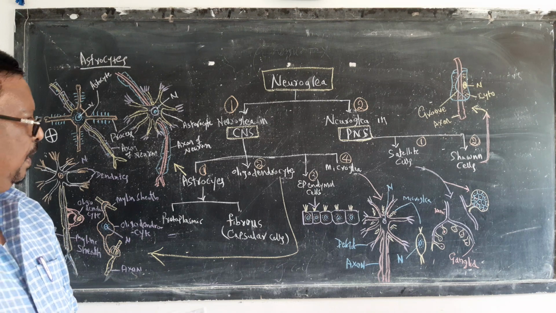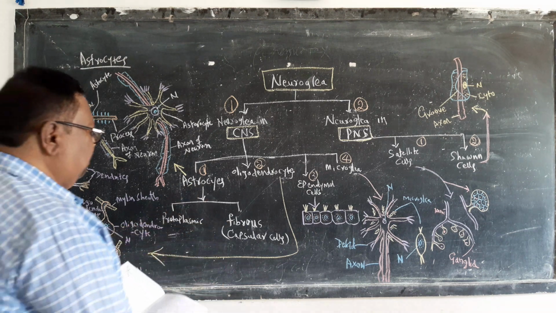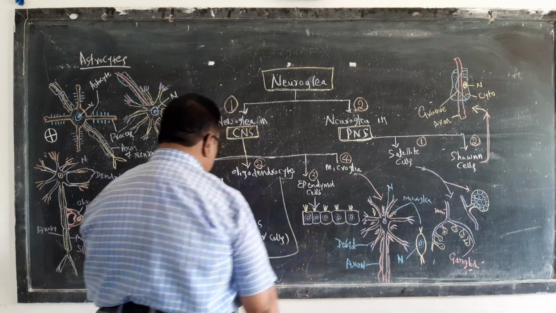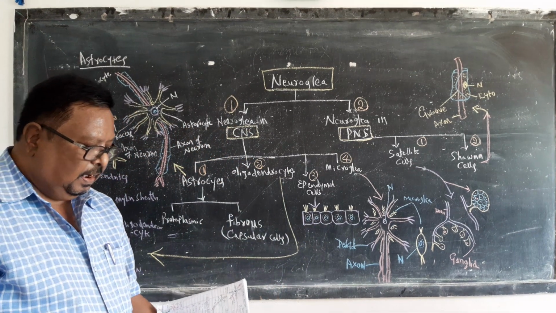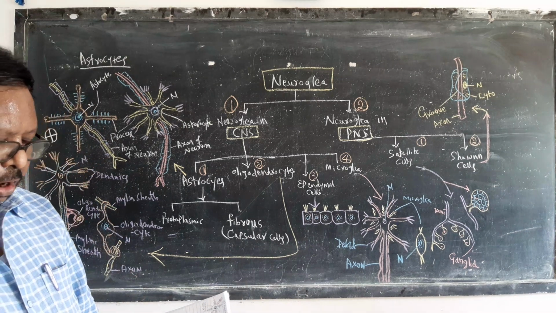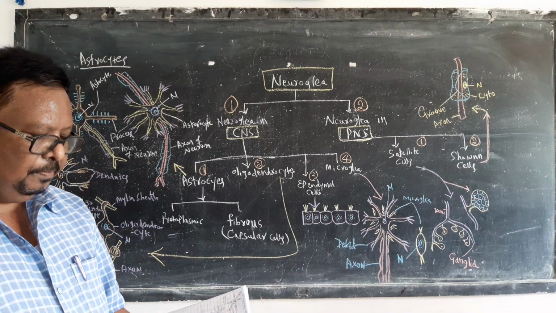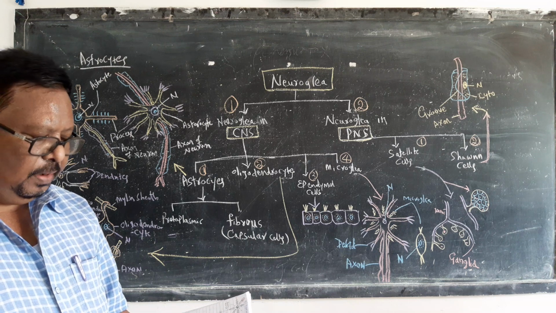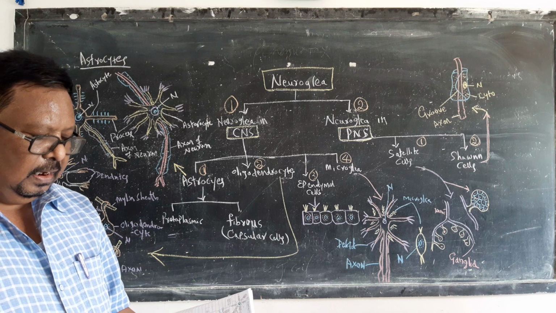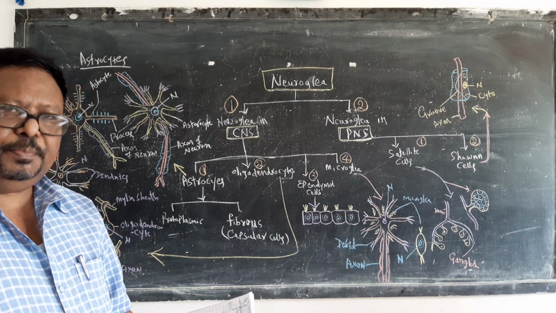Now coming to the ependymal cells. The ependymal cells are ciliated, cuboidal or columnar cells. They are present in the lining of the ventricles of the brain. Ventricles means spaces of the brain.